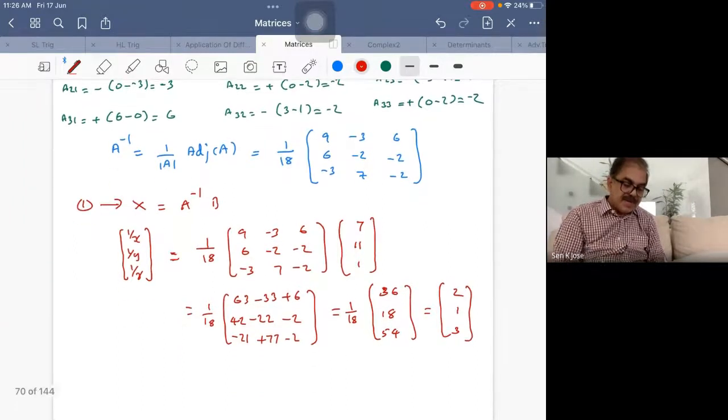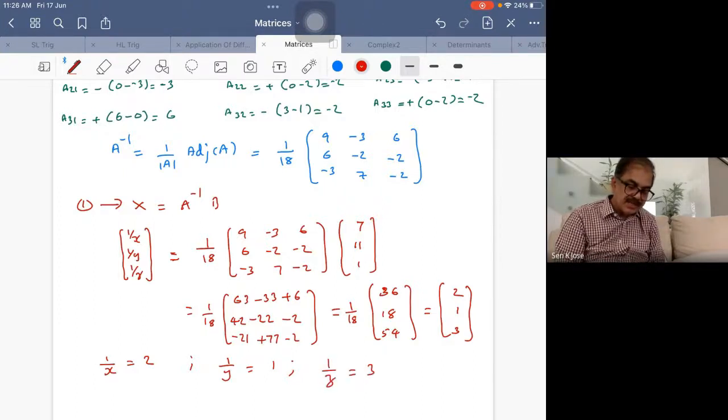I'll get 1 by x as 2, 1 by y as 1, and then I'll get 1 by z as 3. Therefore, x will be 1 by 2, y will be 1 itself, and z will be 1 by 3. That is the solution.